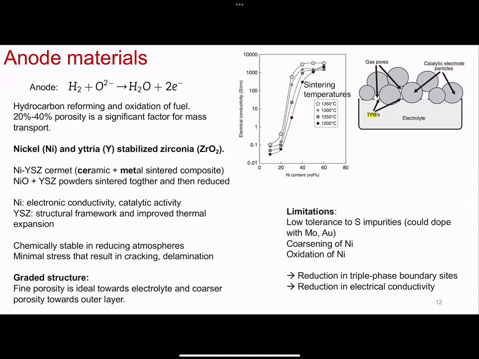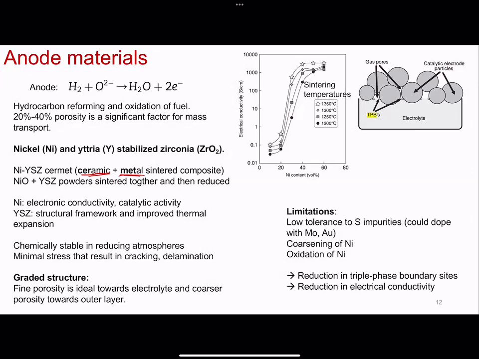But it's not just yttria with a sprinkling of nickel. It's what's called a cermet. So it's a ceramic material. So that's where the yttria stabilized zirconia, so that's a solid solution of Y2O3 and ZrO2, and then you sinter that with some nickel. So that's where the metal comes in. So that is referred to as a cermet.